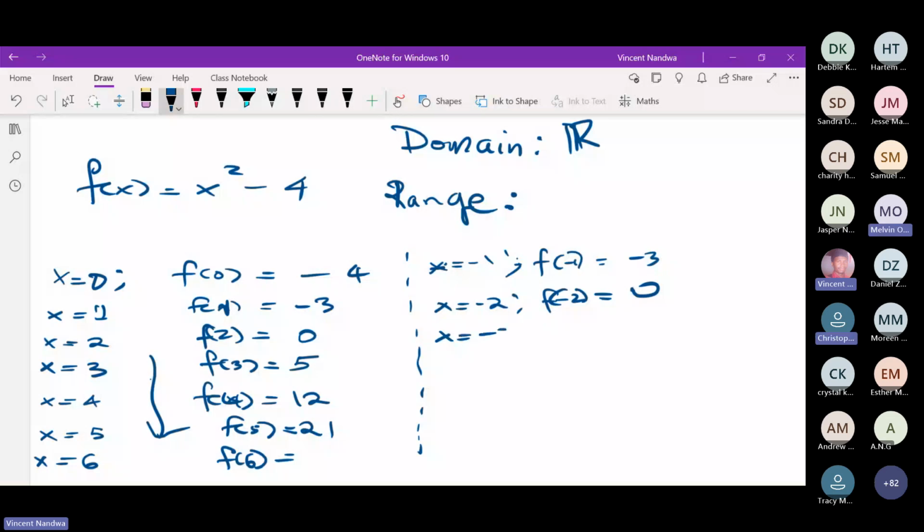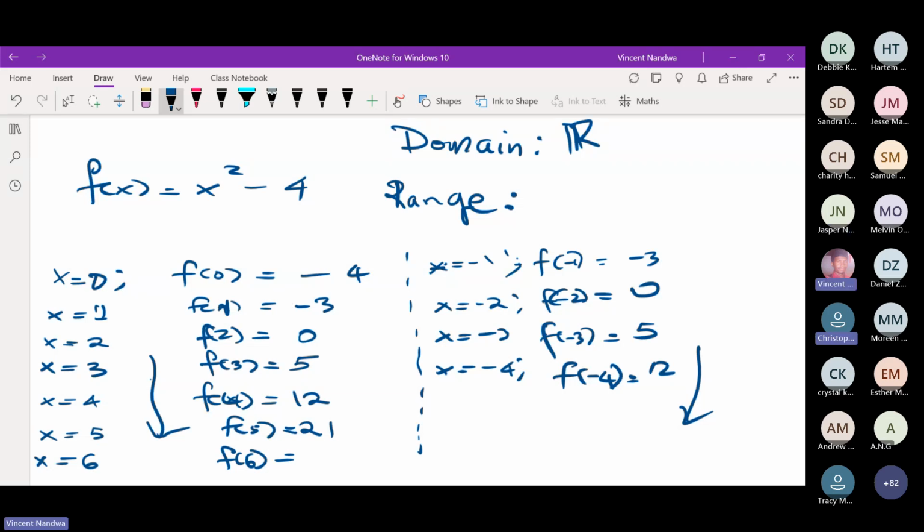When x is -3? 5. When x is -4, then f of -4 will be? 12. So we can actually see that the trend is the same as what is happening here. Values are also increasing, okay?